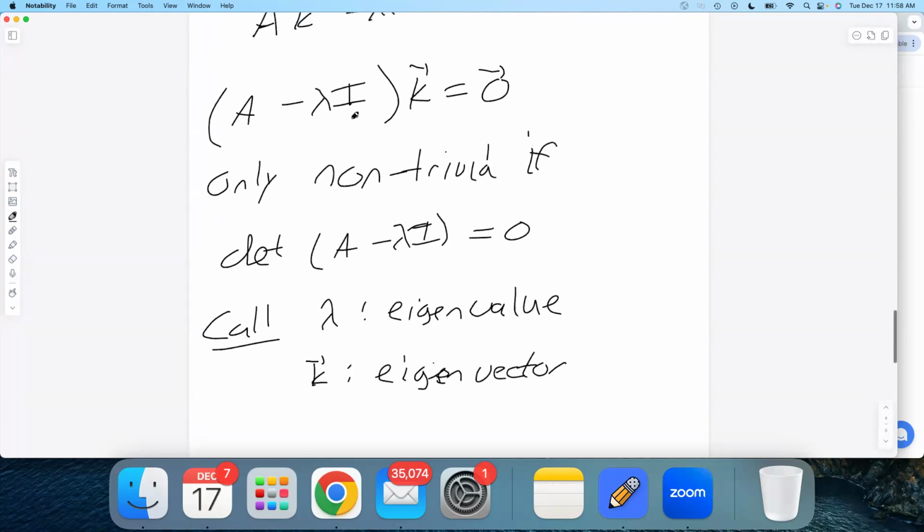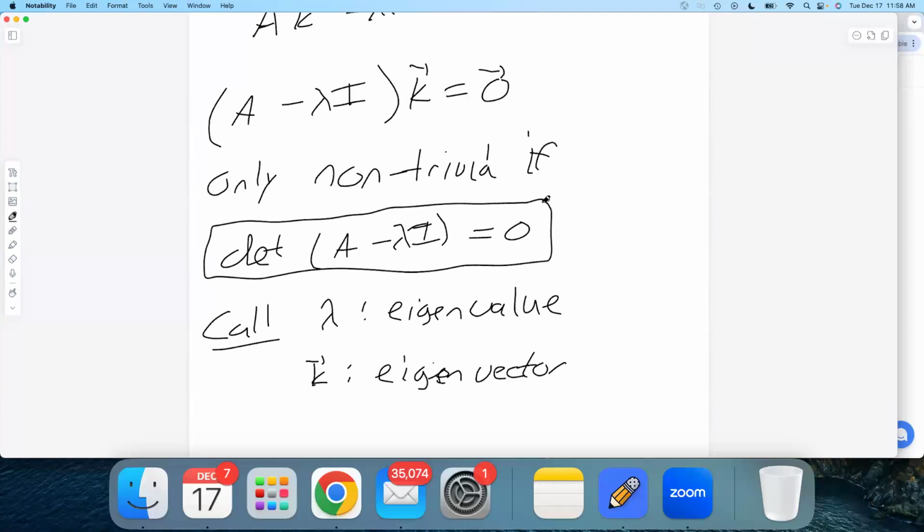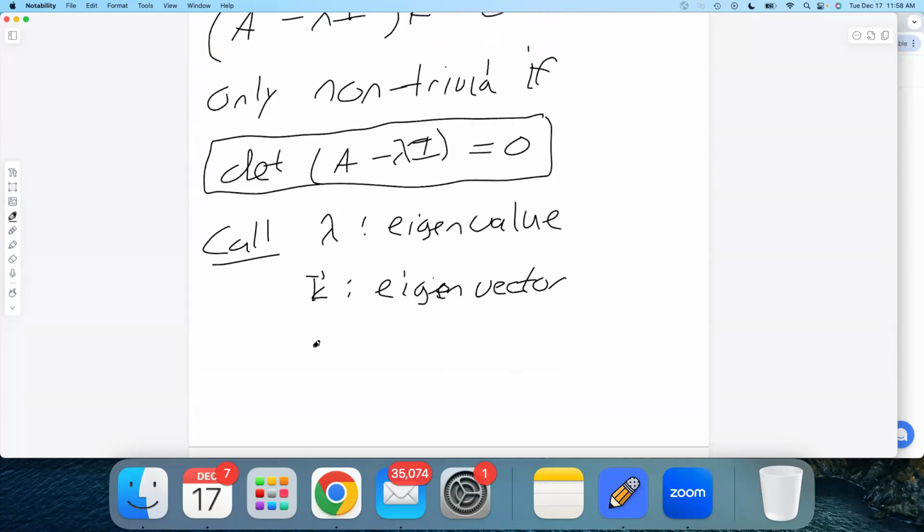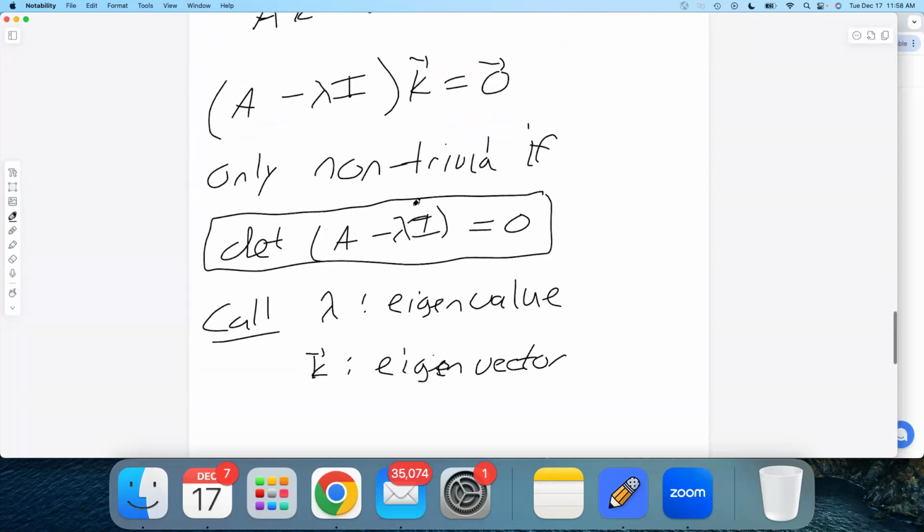Okay, so we're going to do this here to find our eigenvalues. We find our different lambdas. A 2 by 2 matrix will have two eigenvalues, not necessarily distinct. And each of those eigenvalues will give us a different eigenvector. If our eigenvalues are distinct, then we'll get distinct eigenvectors.